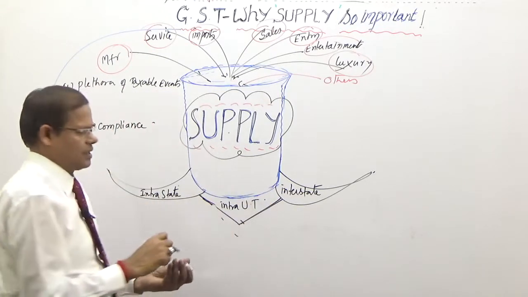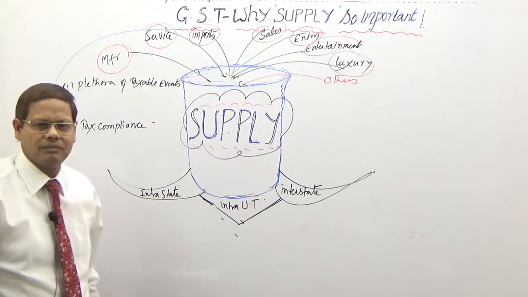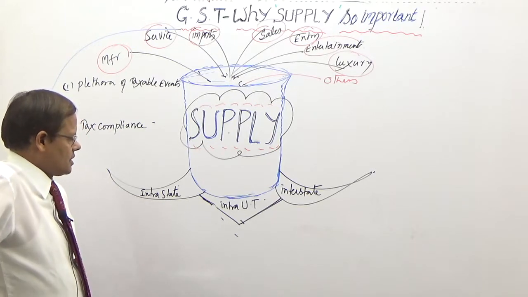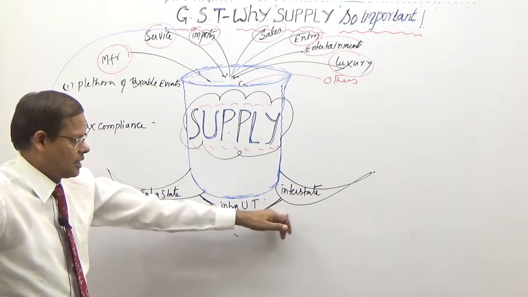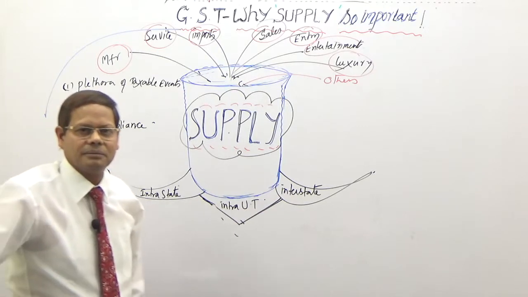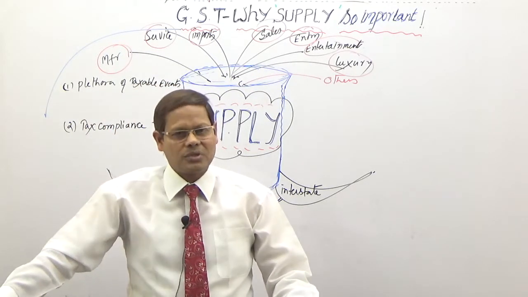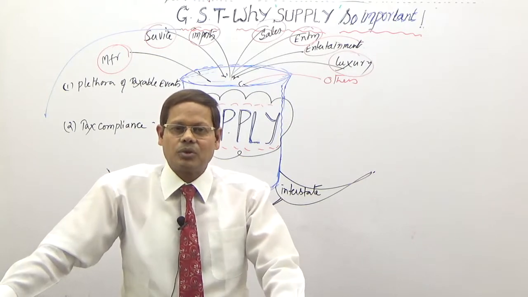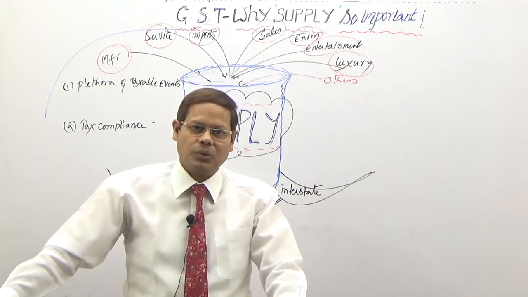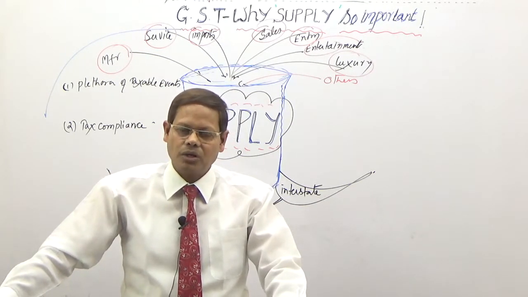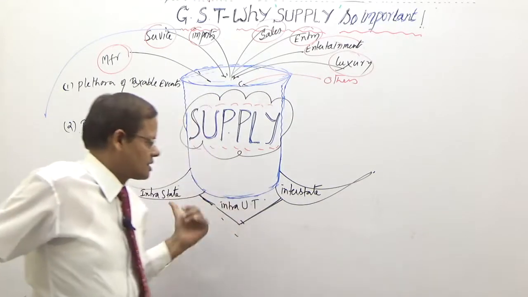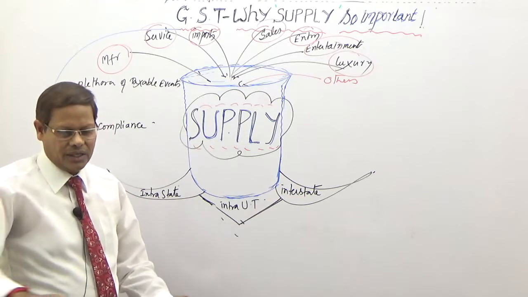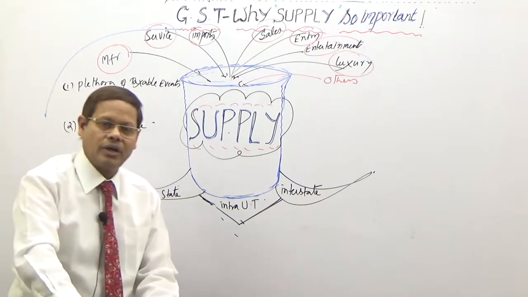Of course, union territory and state are taken as synonymous. The procedures are different, the approach is different, and you ought to know whether your supply falls under this or this, and accordingly the levy, accordingly the taxes.